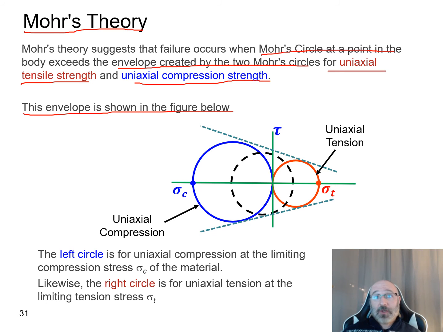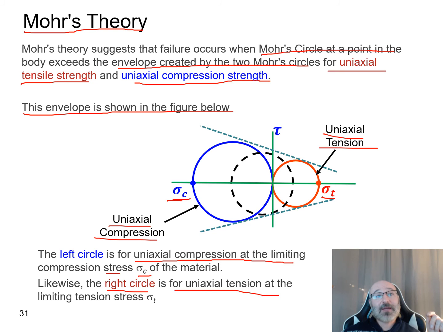Over here we have our uniaxial tensile strength, sigma sub t, with this red circle, uniaxial tension. Then over here we have uniaxial compression with our blue circle, our sigma sub c. So this left blue circle is for the uniaxial compression at the limiting compression stress, our sigma c, of that material. Likewise, the right circle in red is for uniaxial tension at the limiting tension stress, our sigma sub t, that we see right there.